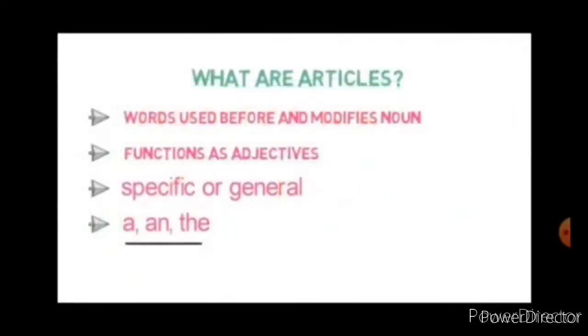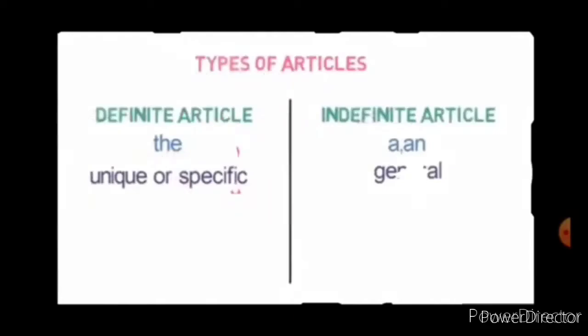An article is a word used before a noun that modifies it. It functions as an adjective, and it represents specific and general things in a sentence. What are the articles in English? A, an, and the.